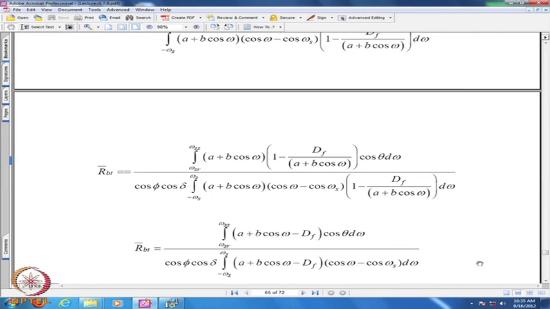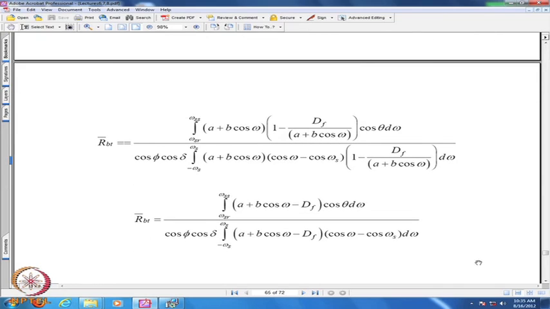Then you have got further simplification, if you multiply a plus b cos omega minus d f times cos theta d omega upon cos phi cos delta times cos omega s.